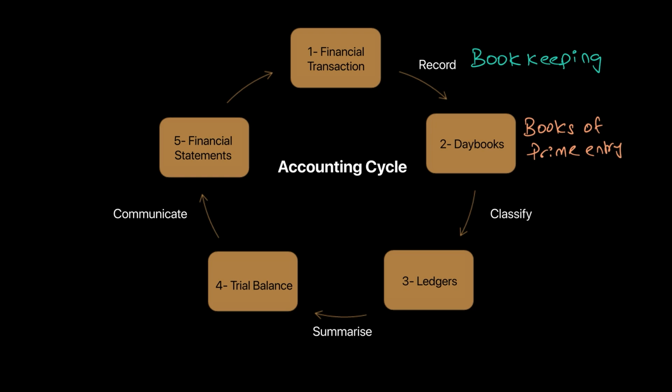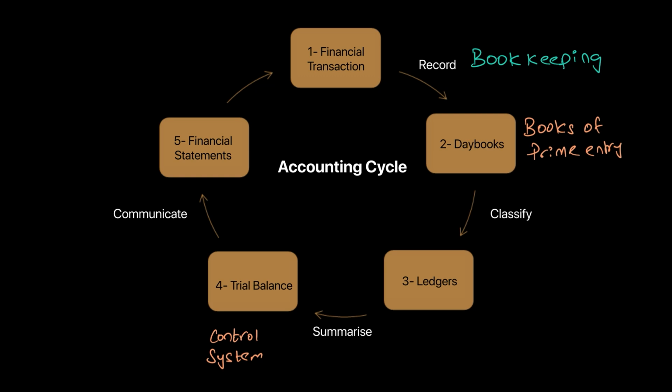We will also discuss ledgers over here. Once the business has prepared and classified all its transactions, it can then summarize them in something called a trial balance. The trial balance also acts as a control system for the business because it ensures that arithmetical accuracy has been verified.